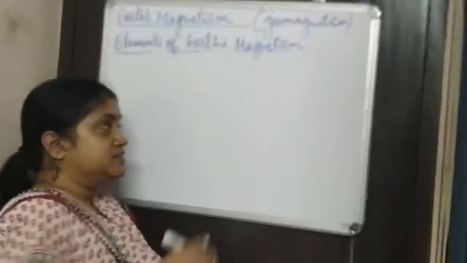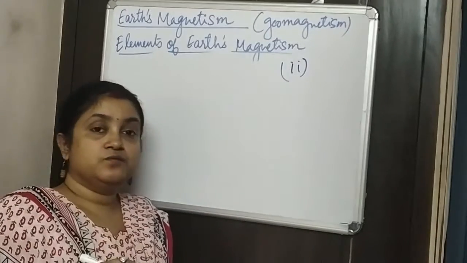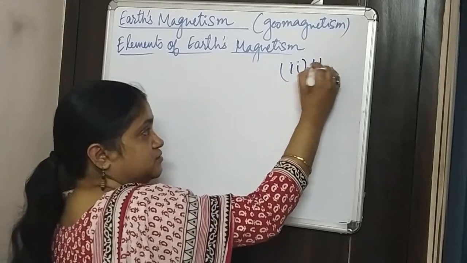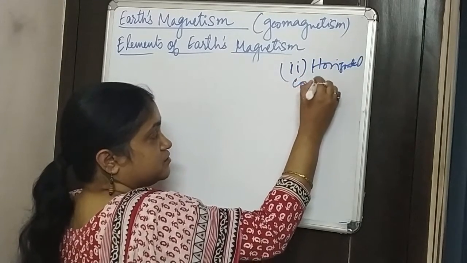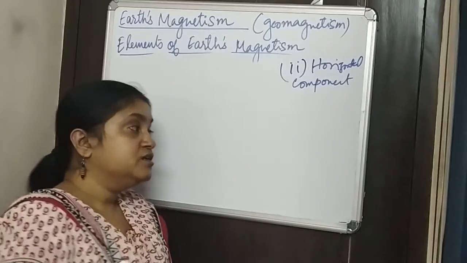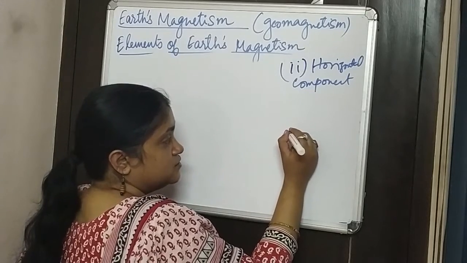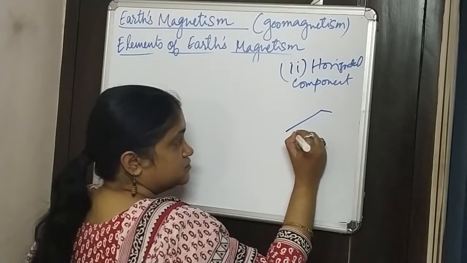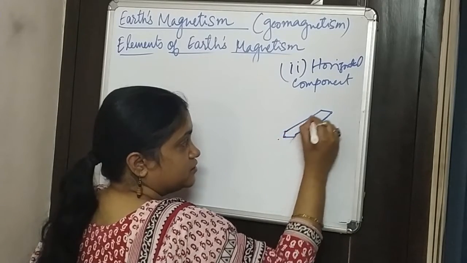Coming to the second element, which we call the horizontal component of Earth's magnetic field. Now suppose we have this magnetic needle coming to a particular rest.